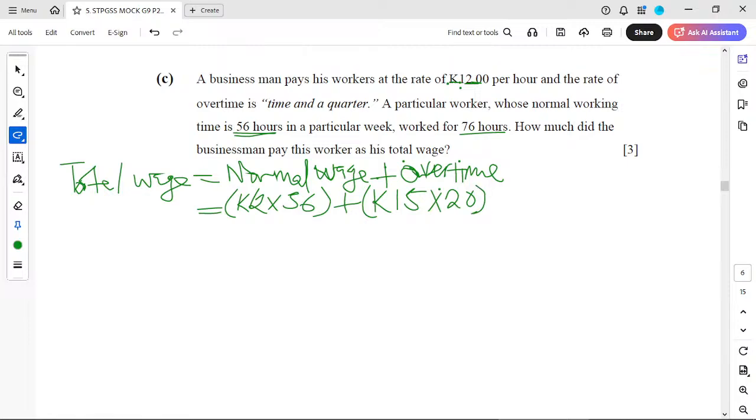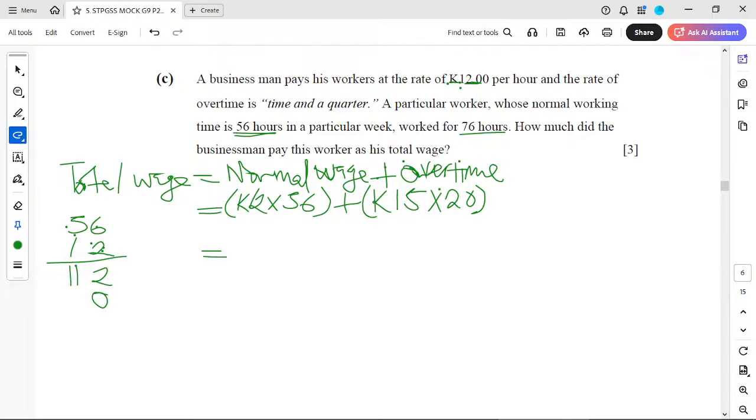So we multiply by 20. Close bracket like that. Now we multiply 56 by 12. 2 times 6 will give us 12, so we write 2 carry 1. 2 times 5 will give us 10 plus 1 will be 11.